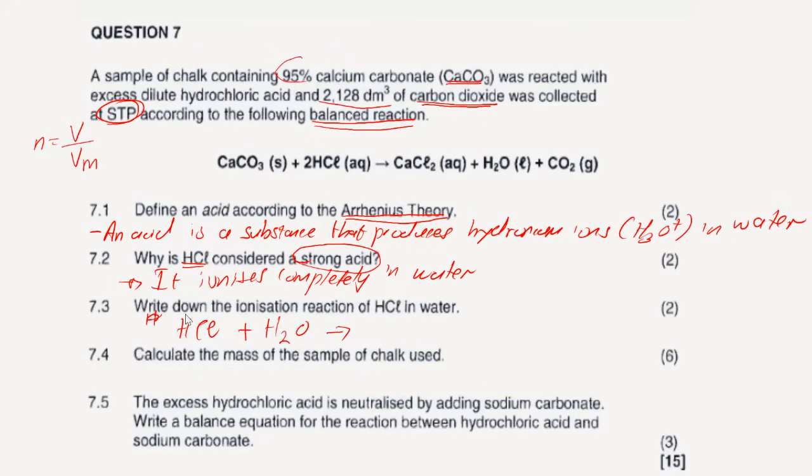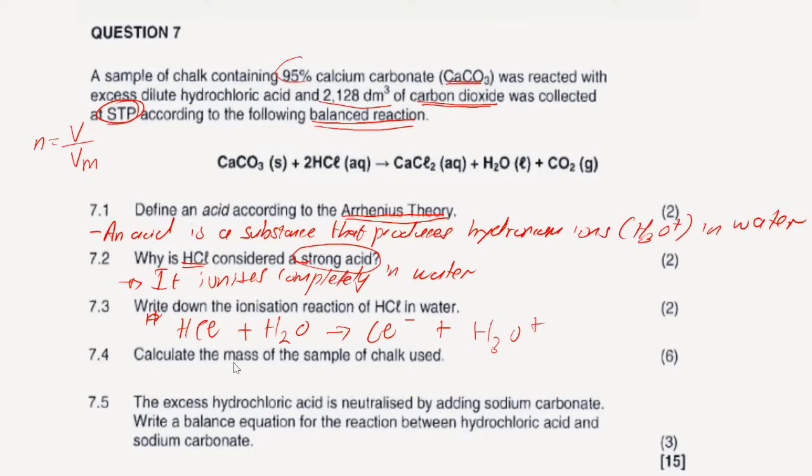It must donate the proton. So if it donates the proton, we are only left with the chlorine ion there. So Cl minus, and then here we have H3O plus. So this one is already balanced. There will be no need to balance it. This is the ionization reaction of HCl in water. So it ionizes to Cl minus and H3O plus, right? So that's how you show it.